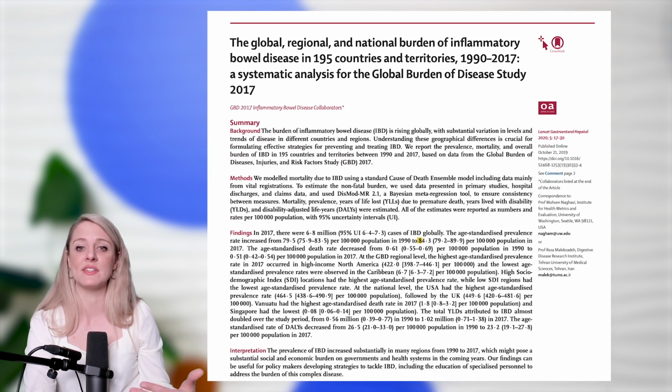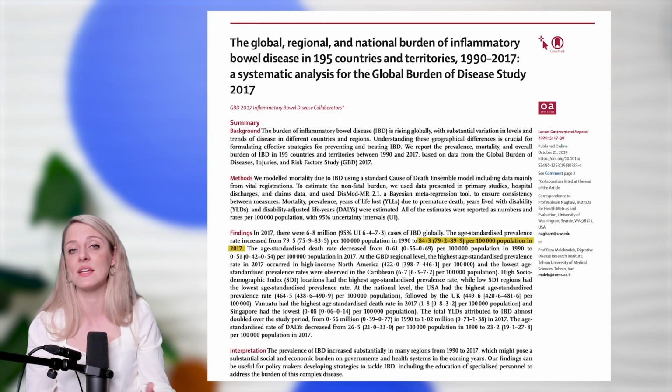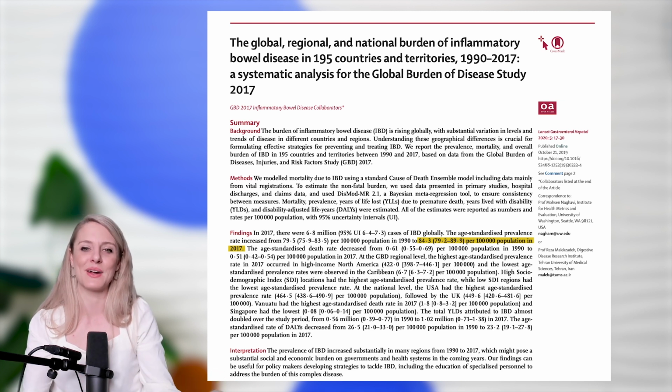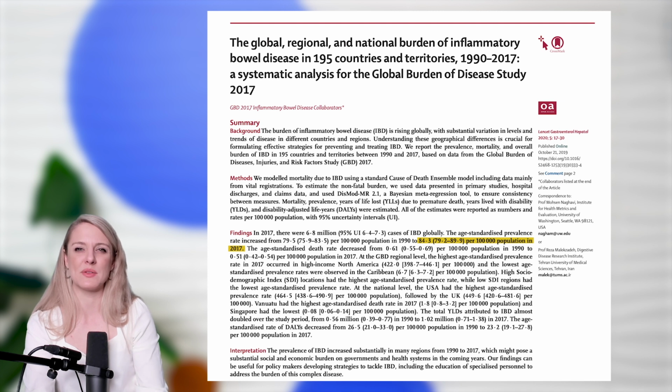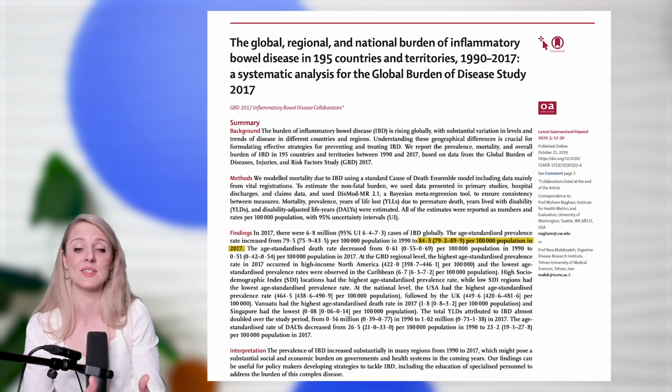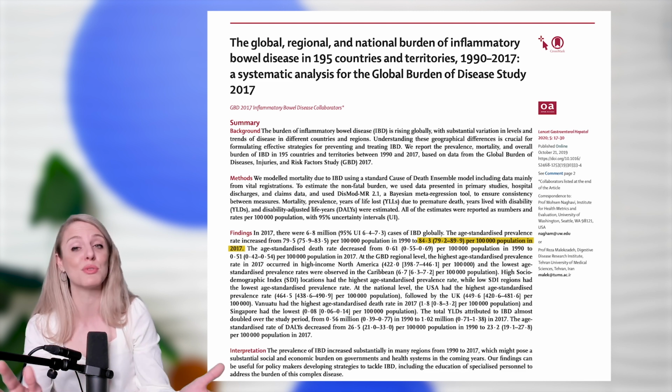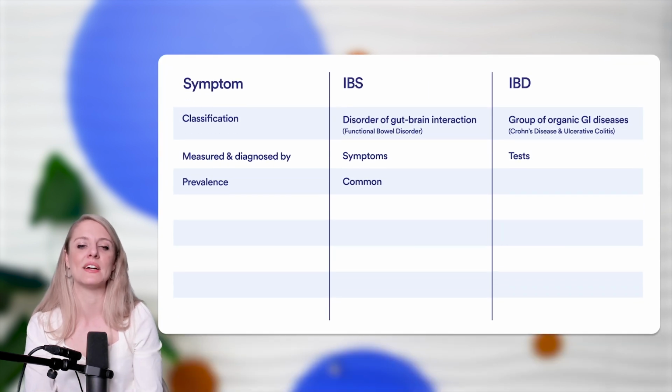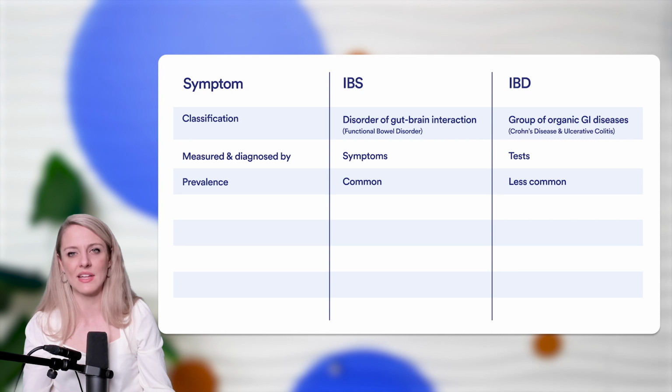And the global prevalence seems to be at about 0.08% or about 85 cases per 100,000 people. However, again, in the US, it's higher. And we see those numbers at about 0.4 to 0.5% of the population, or around 464.5 cases per 100,000 people to be precise. So key takeaway here, IBS is common while IBD is generally less common.